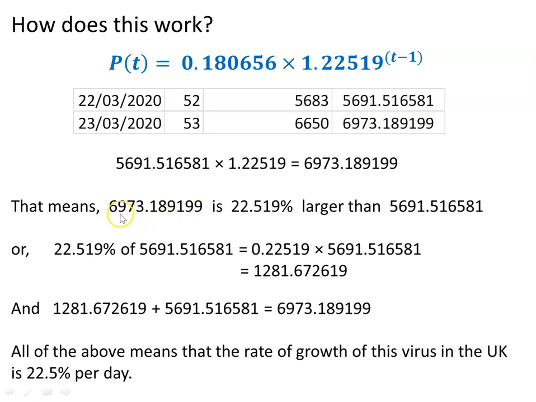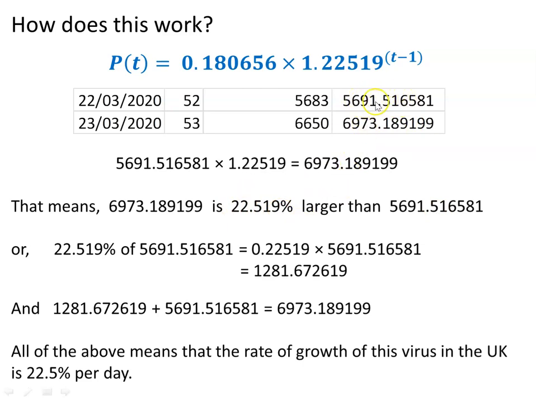So that means that 6,973.189199 is 22.519% larger than the value for the day before predicted by the model. So this value is 22.519% larger than this value.